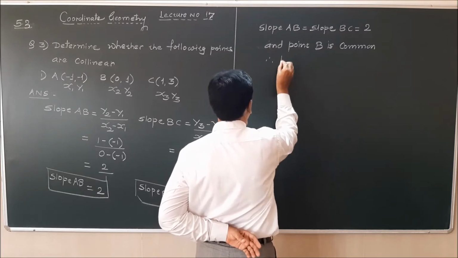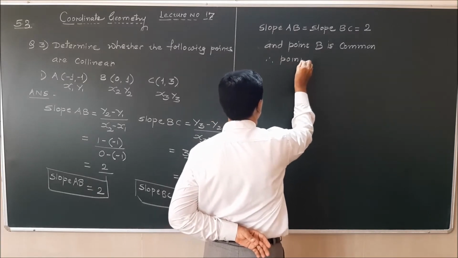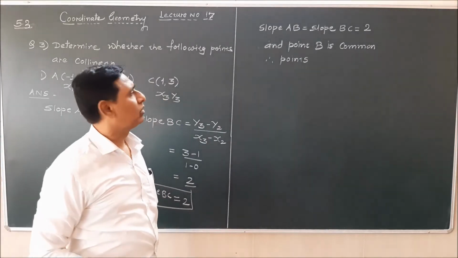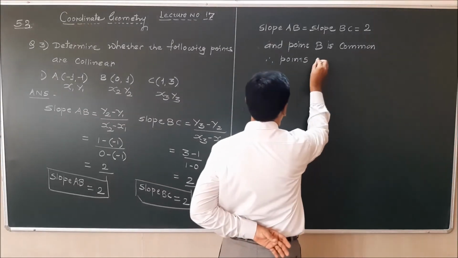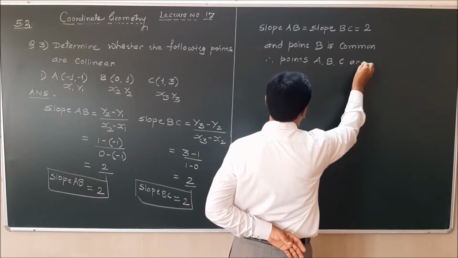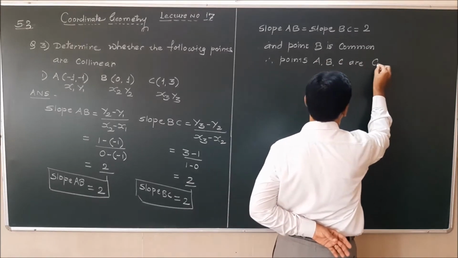Therefore, points A, B, C are collinear. Points A, B, C are collinear.